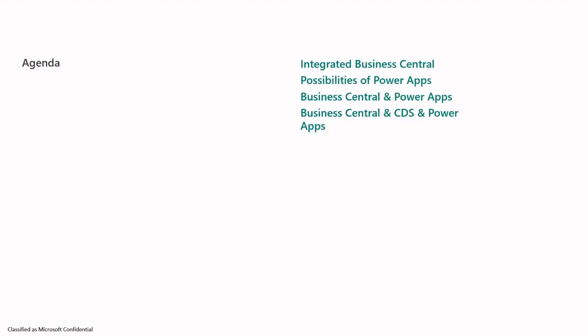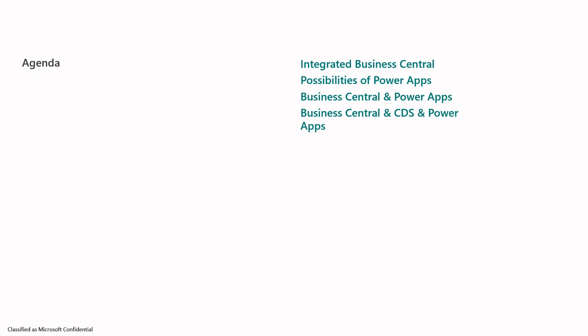Regarding our agenda today, we will speak about what integrated Business Central is, how we will integrate, and what the possibilities are for integrating Business Central with Power Platform, and today we will take a deep look into Power Apps.